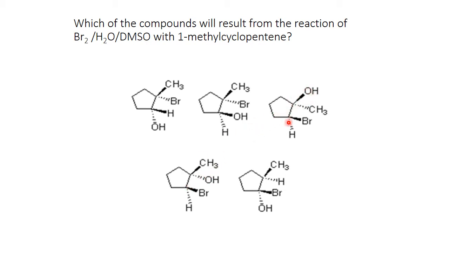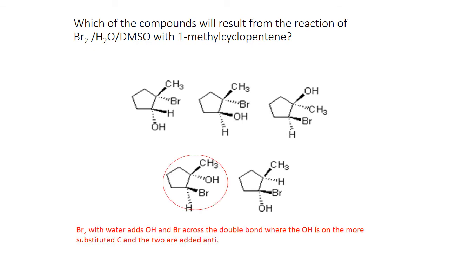On this, I see the alcohol and the bromine are on the same side, and in this one, they're on opposite sides. This one is a result of anti-addition, and this one is a result of syn addition. I know that bromine and water add anti across the double bond, so this will be the correct answer.